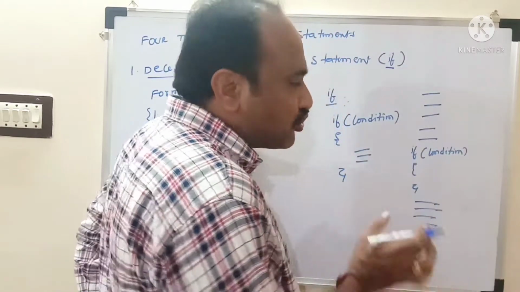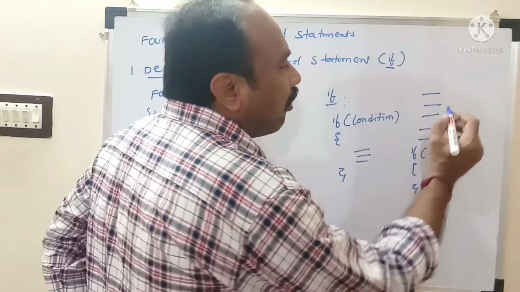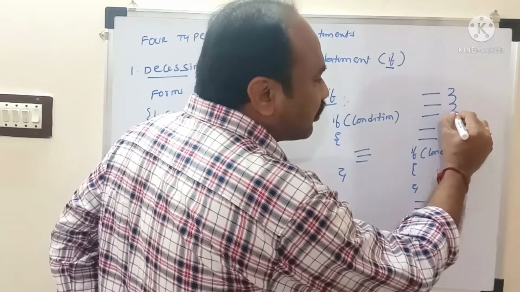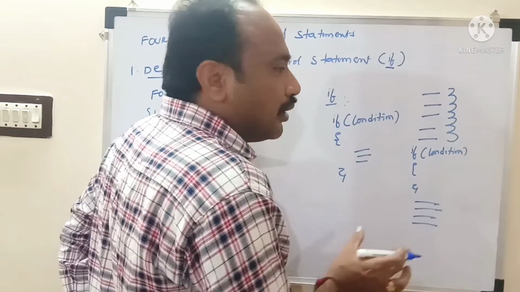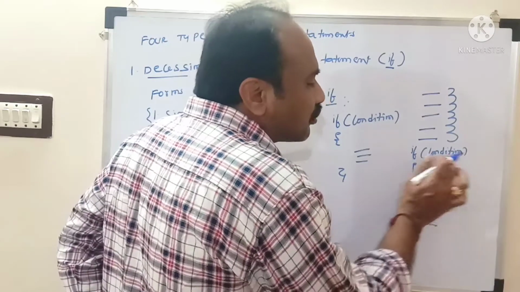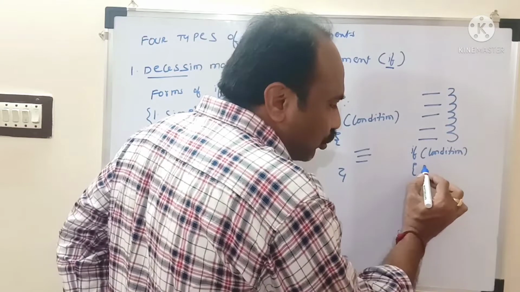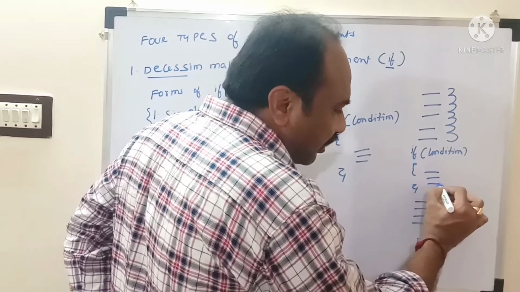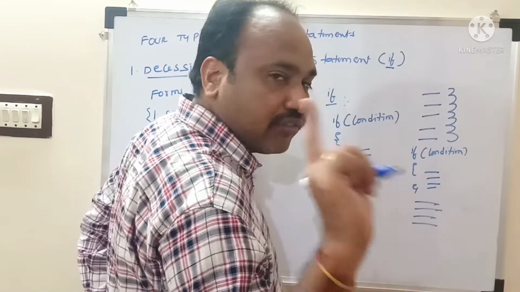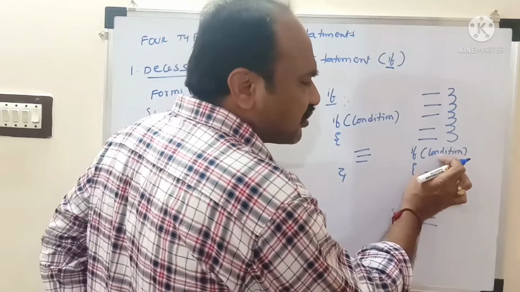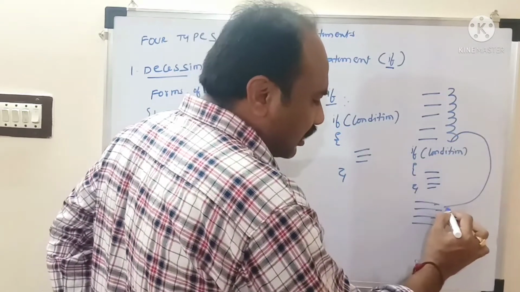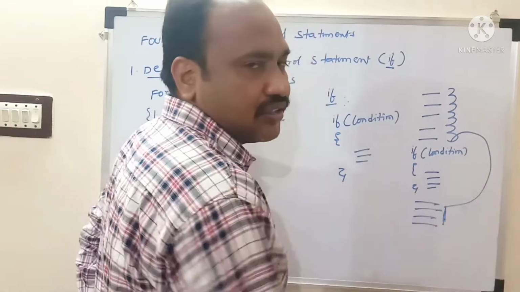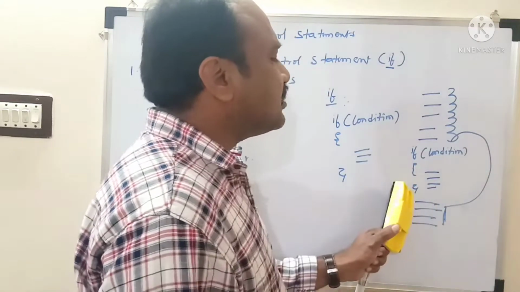Normally, without control statements, all program statements are executed in sequential manner. Because of introducing the control statement, if the condition is true, the block of statements placed here will be executed once. If the condition is false, what will happen? Execution will jump from here to here, and these statements will be executed. This is simple if.